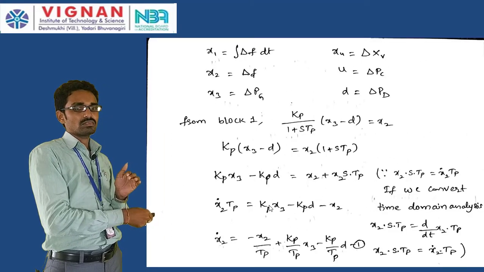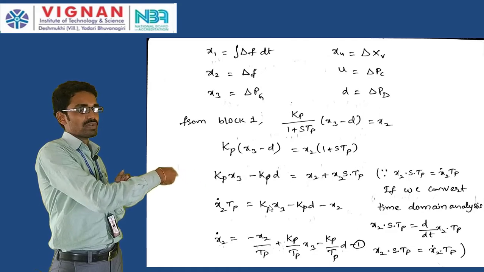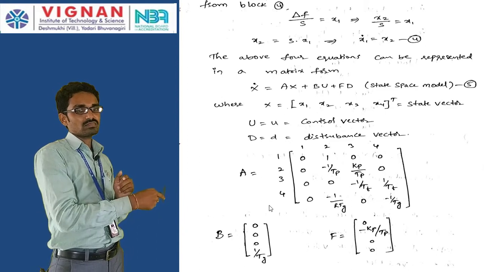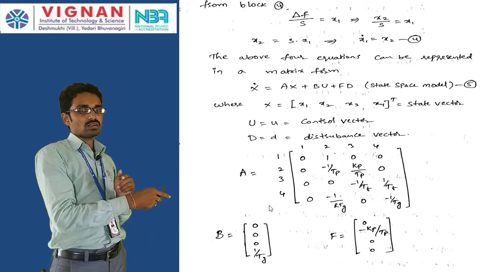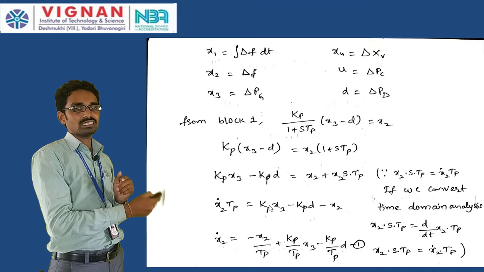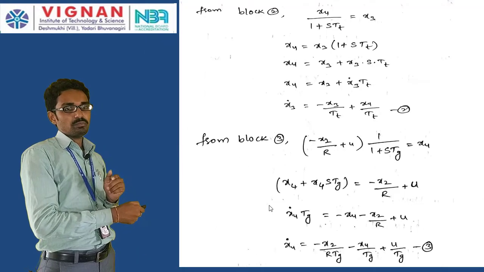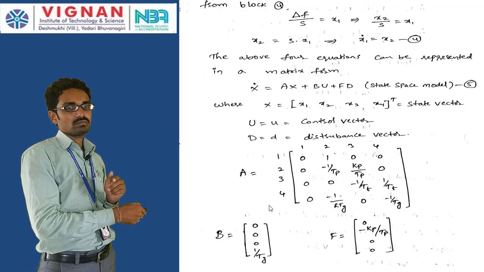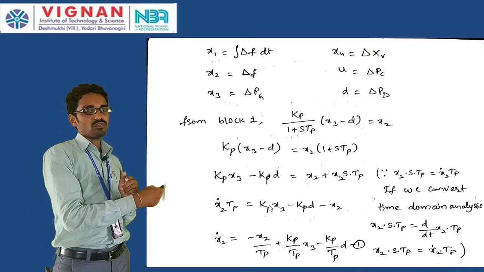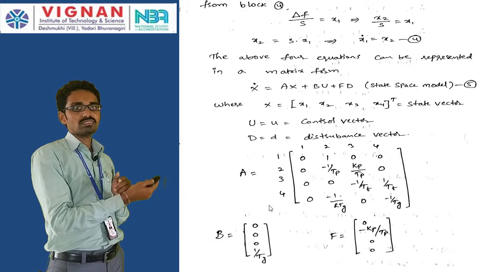Then, if you see here in the last, minus x2 by tp, that is minus 1 by tp, in the second row, second column. Then plus kp by tp into x3, that means kp by tp. You do not have any x4 term, which means 0.